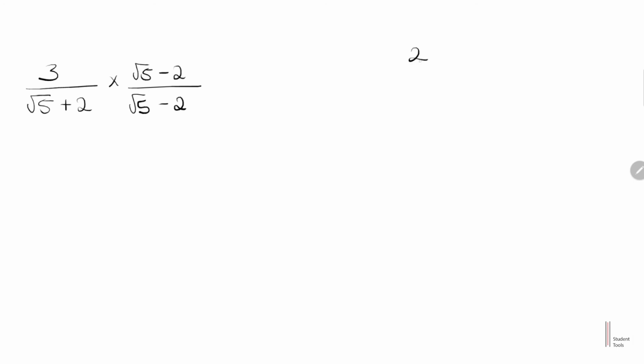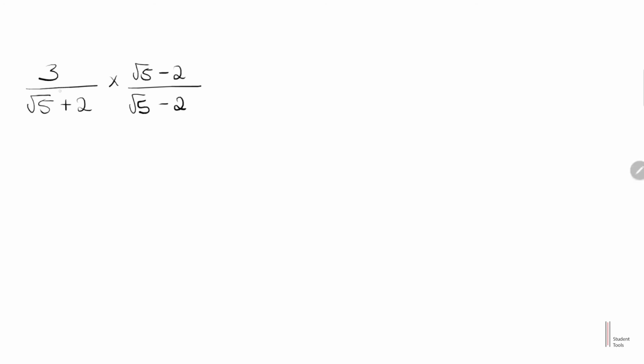It's more like 2 over 2. So that is a 1. So why do we choose this? We actually want to get rid of this square root of 5, because it's the one that makes the whole denominator an irrational number.